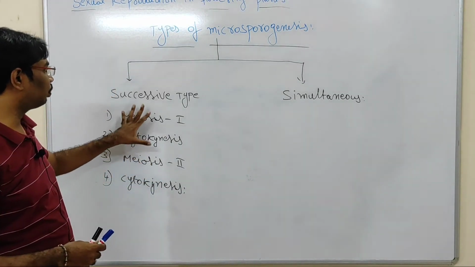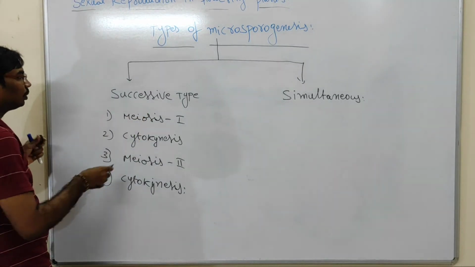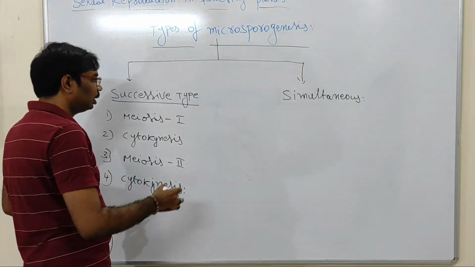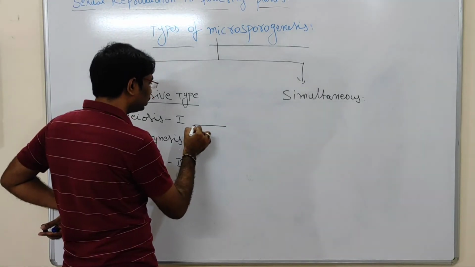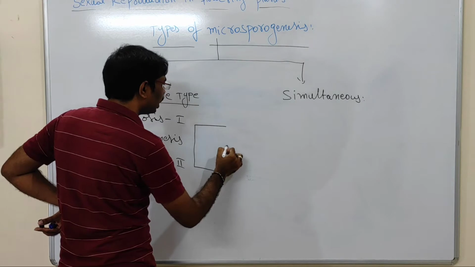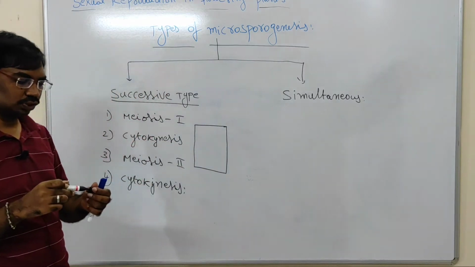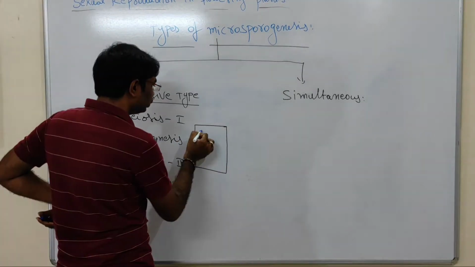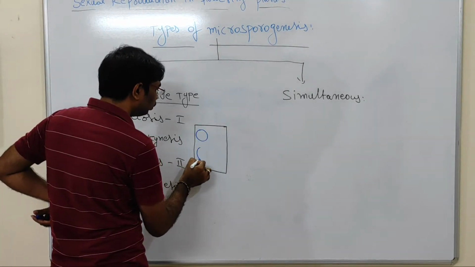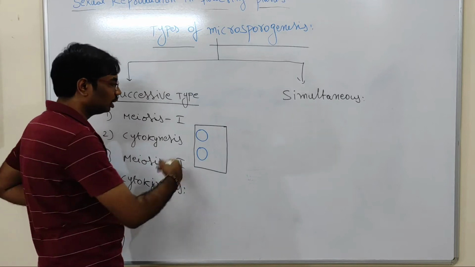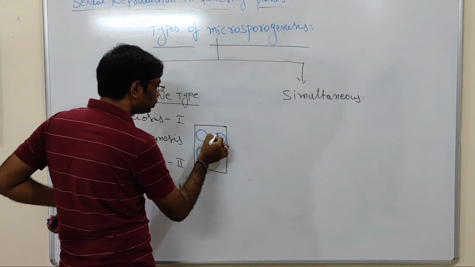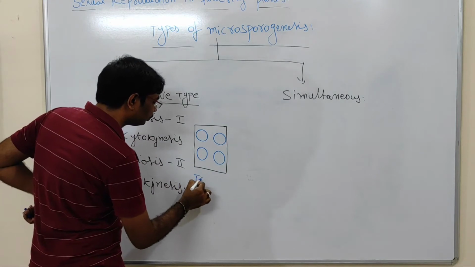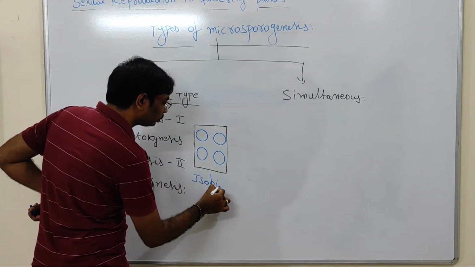This kind of process is present in the successive type of microsporogenesis. The successive type produces isobilateral pollen grains. Isobilateral pollen grains means one side 2 pollen grains and another side 2 pollen grains.